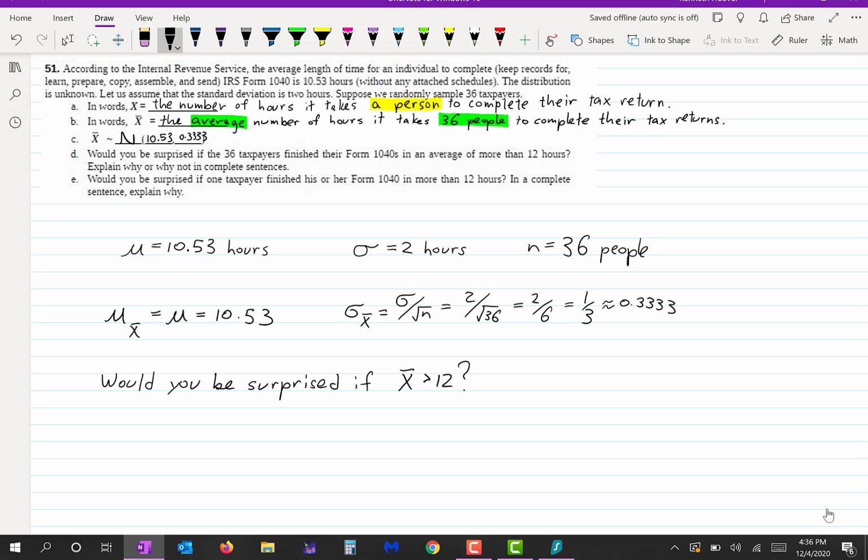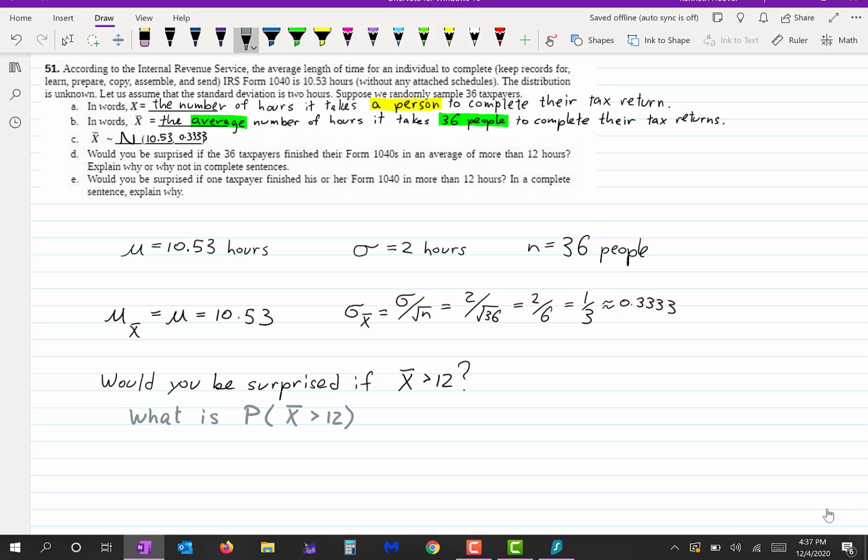How are you going to make a decision of whether or not that would surprise you? It depends on what is the probability of x bar being greater than 12. That's the question you have to ask yourself. So you ask yourself, what is the probability of x bar being bigger than 12?